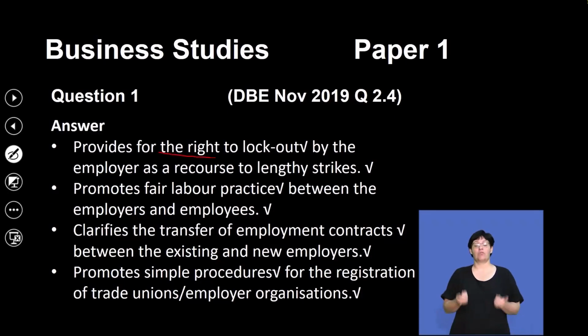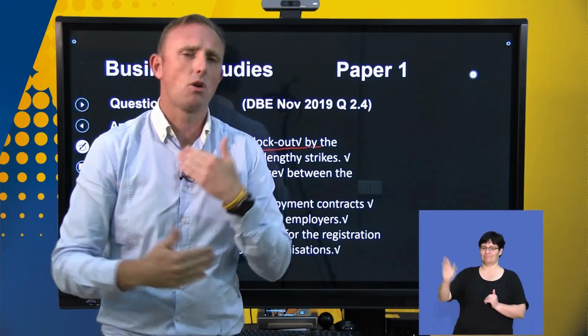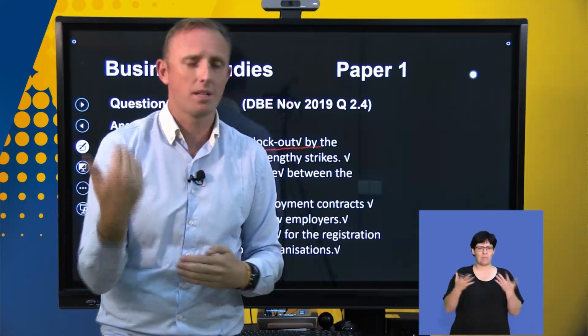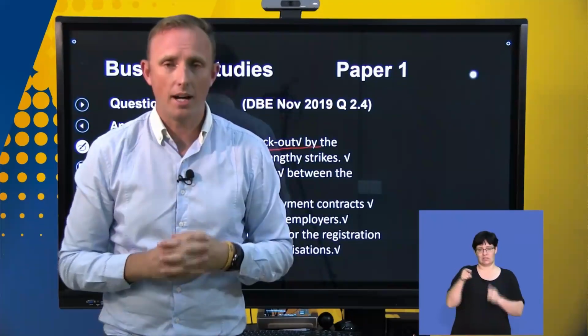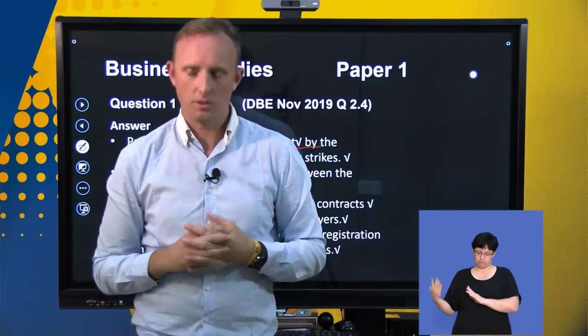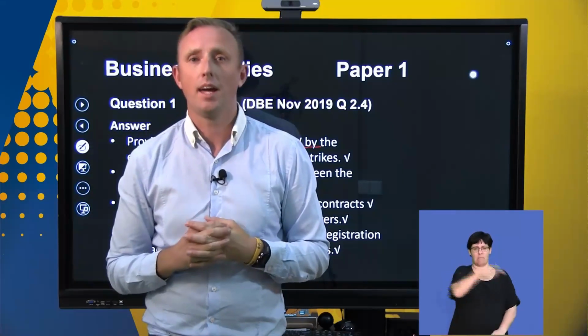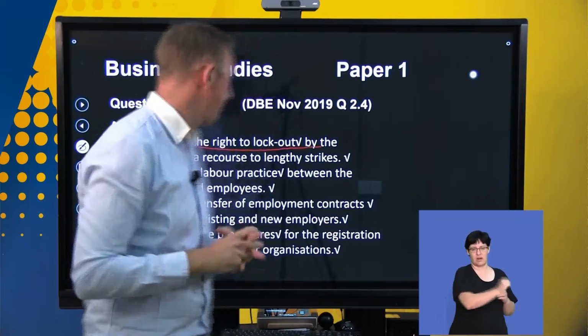It provides the right for lockout by the employer as a recourse for lengthy strikes. So if the strike has gone on for a couple of weeks, even perhaps a couple of months, the employer has the right to lock out the striking workers so that they can't come into the premises and damage any assets that belong to the employer.